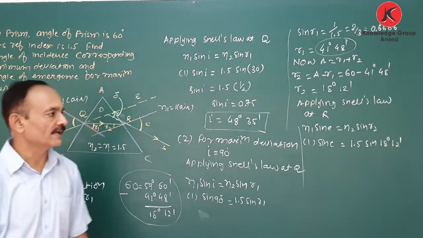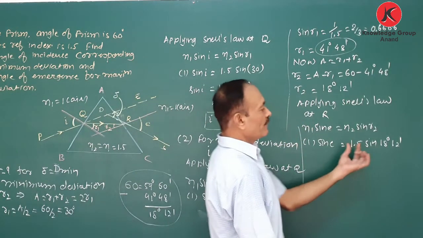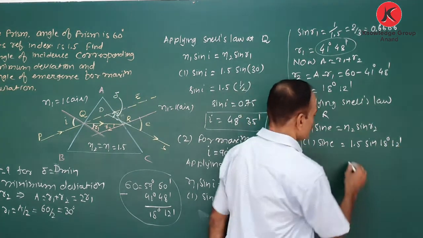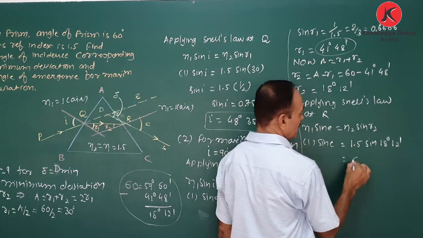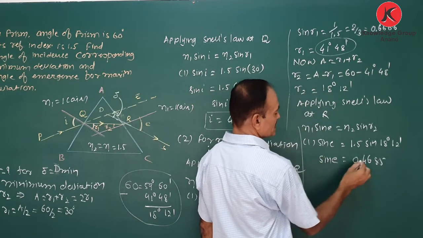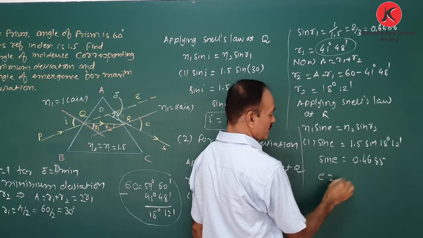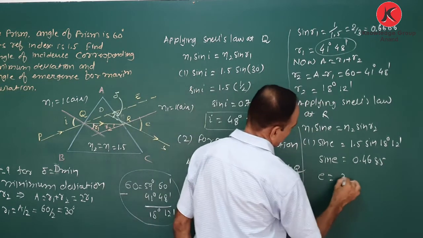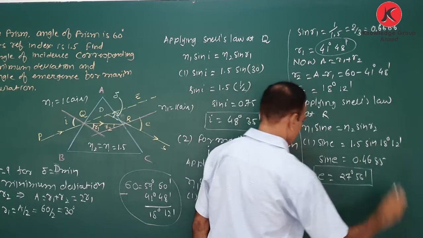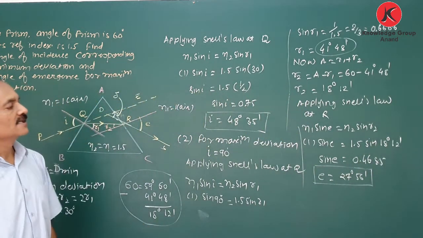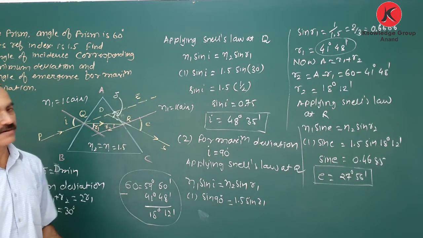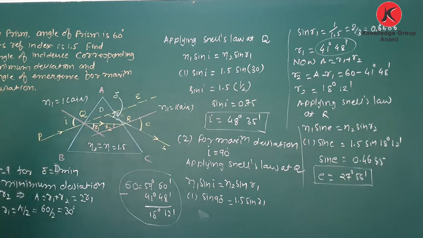The natural sine of 18 degree 12 minute, multiplied with 1.5, is 0.4685. And the natural sine corresponding to this value gives the value of e as 27 degree 56 minute. So this is the value of the angle of emergence when the maximum deviation occurs.